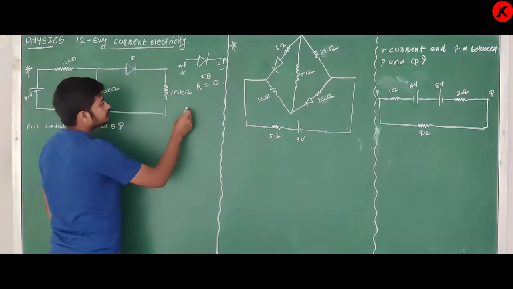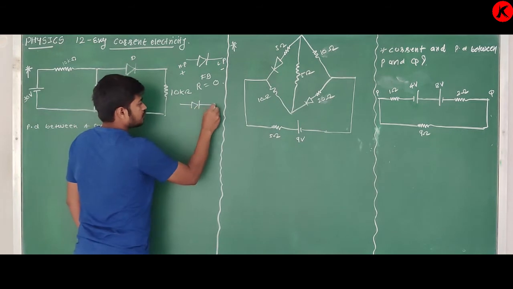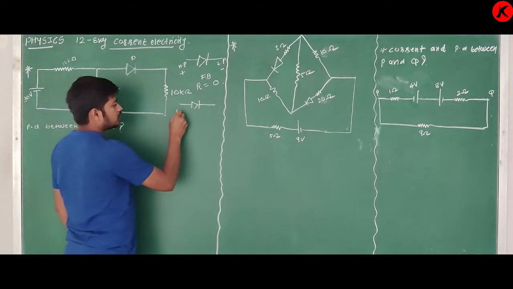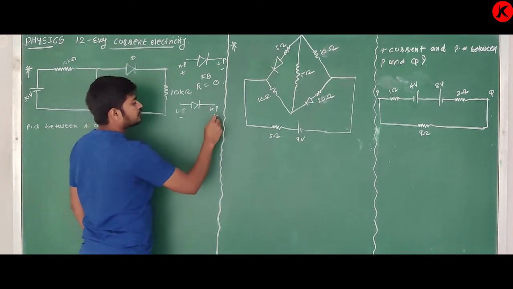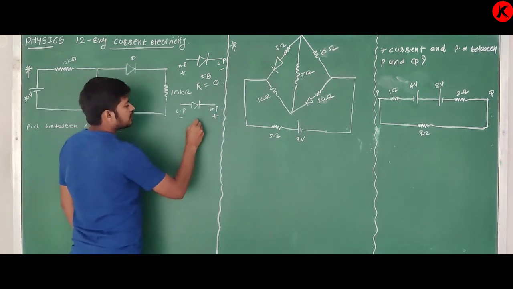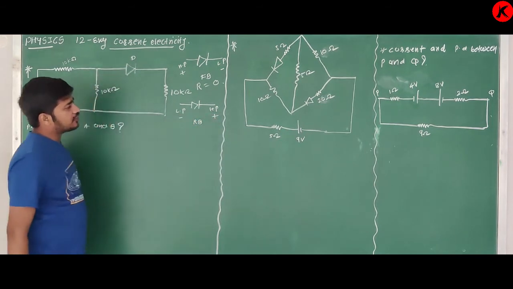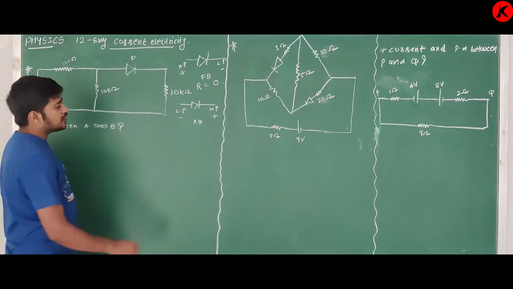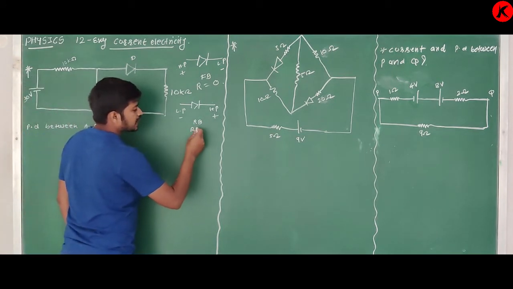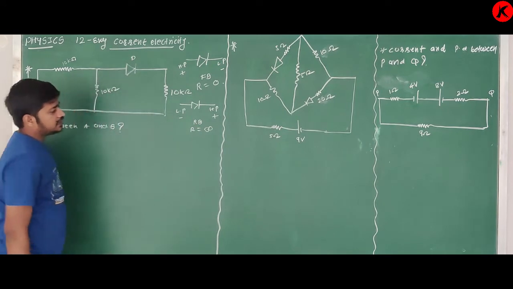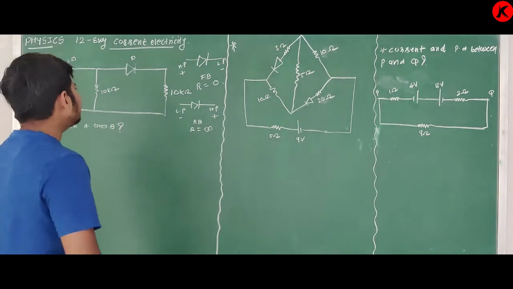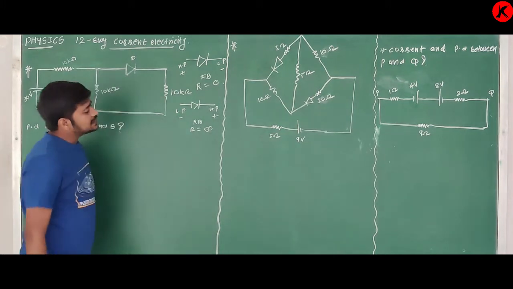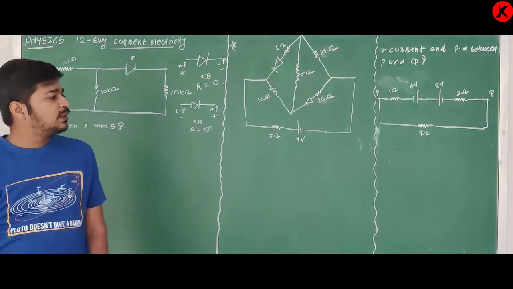Similarly, if the diode is connected with lower potential at the positive side and higher potential at the negative side, then this diode is said to be in reverse bias condition. And in reverse bias condition, the resistance of the diode is infinite. So from chapter 14, semiconductors, you have to remember these 2 points.